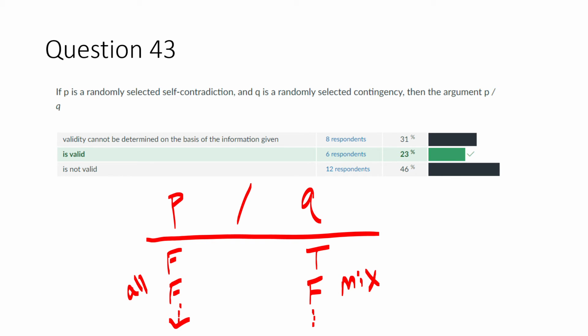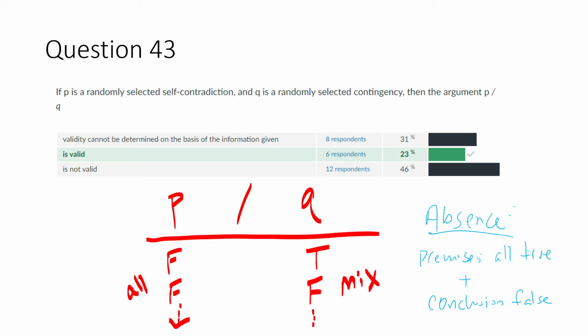How does this help me answer this question about validity? Well, the test for validity is an absence test. We're looking for the absence of rows in which the premises are all true and the conclusion false.